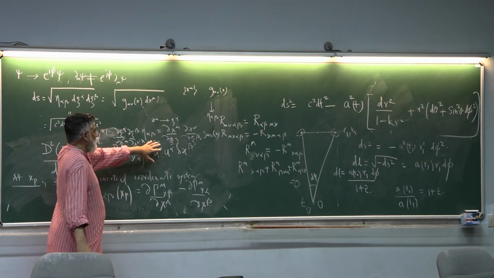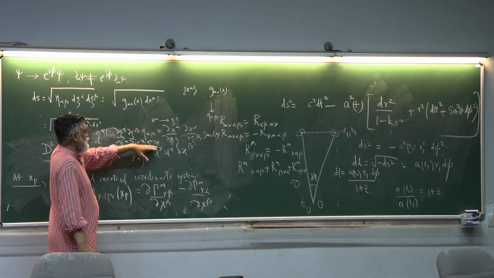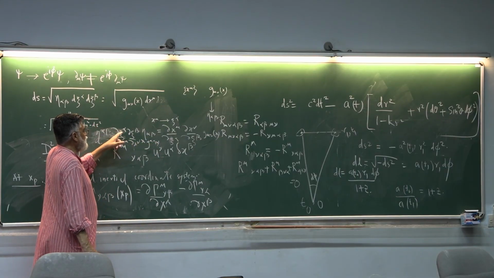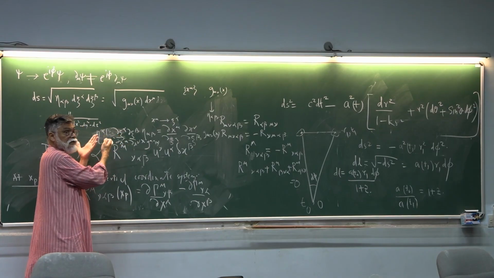So in your curvilinear coordinate system, you know g mu nu of x, and you want those xi alpha. So you have to solve this equation.